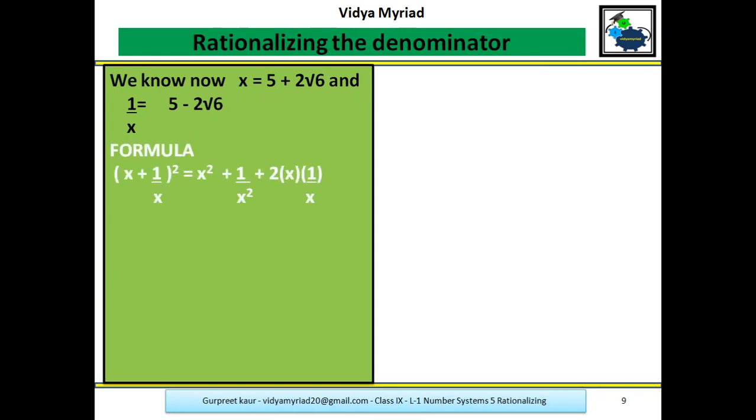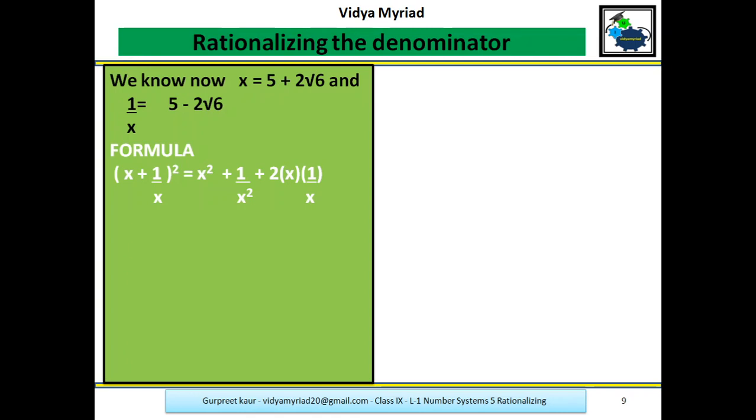So if you remember the formula of a plus b the whole square is equal to a square plus 2ab plus b square. The formula is the same, but here a I will take as x and b I will take as 1 upon x. So look into the formula.